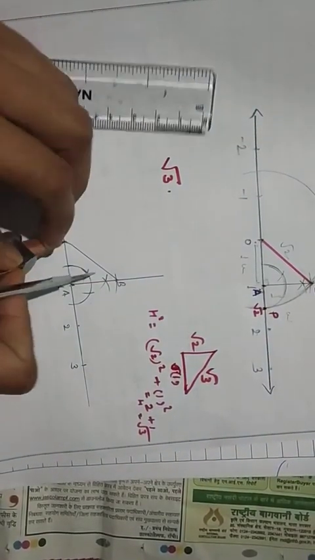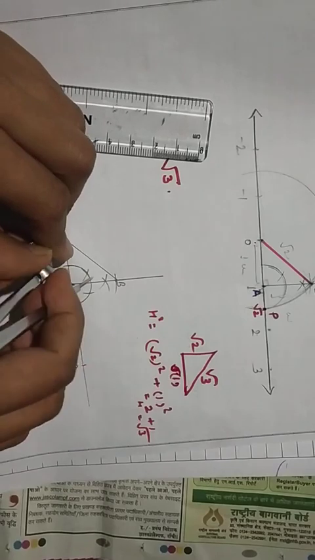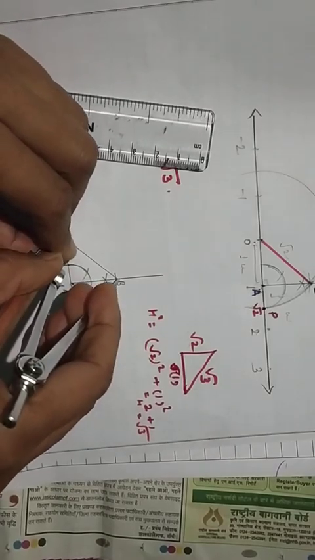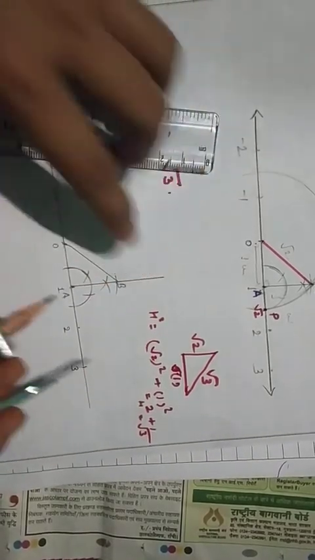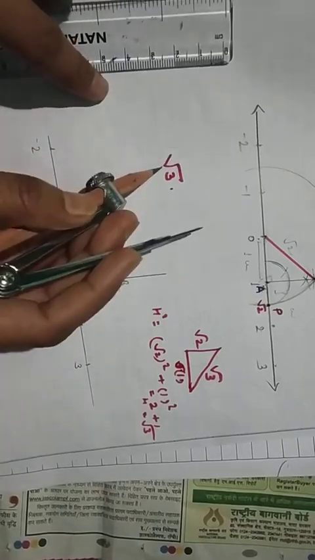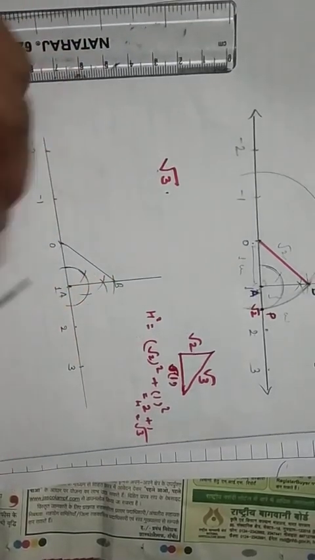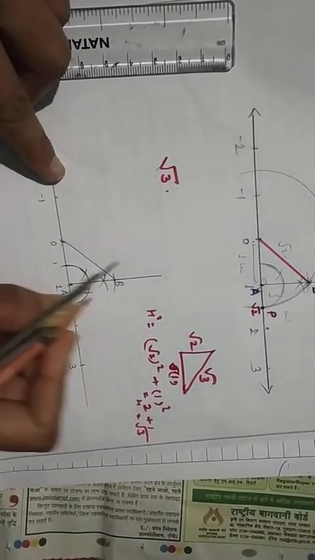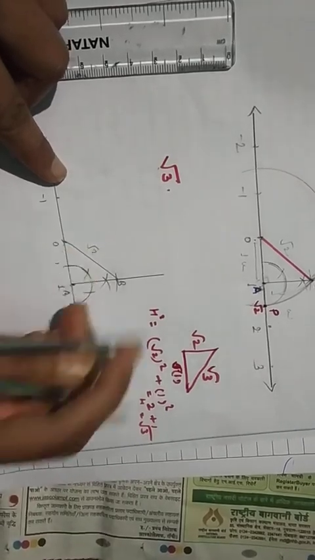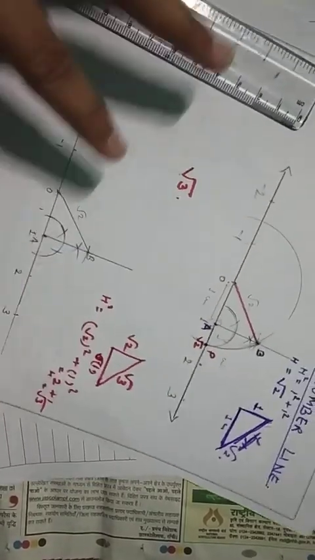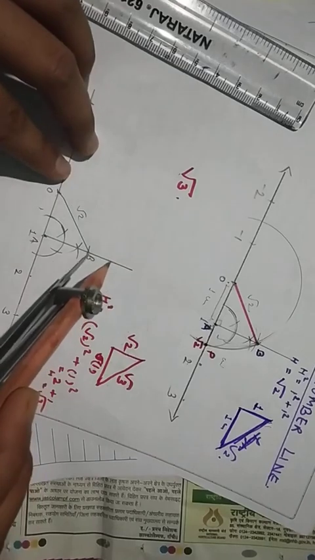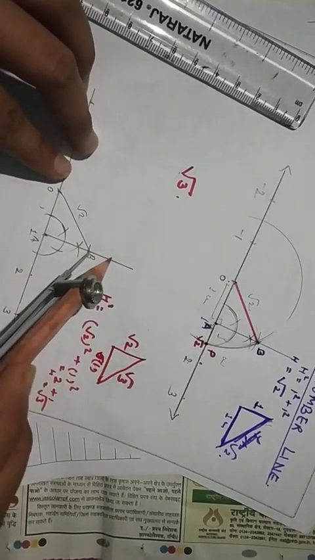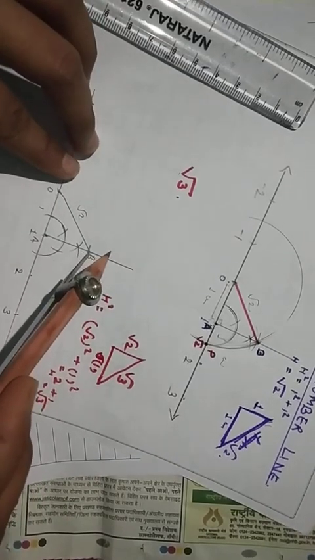Now where is under root 2? This line segment is under root 2, but we need not show it on the number line. We will show under root 3. So this is 1 unit distance, this is also 1 unit, and this line is under root 2. Here we are going to draw again one 90-degree angle. This part you remember carefully, okay?